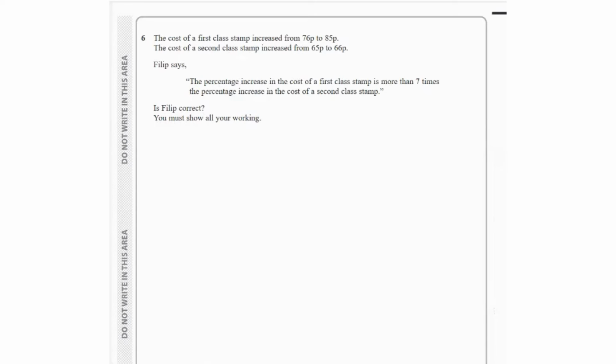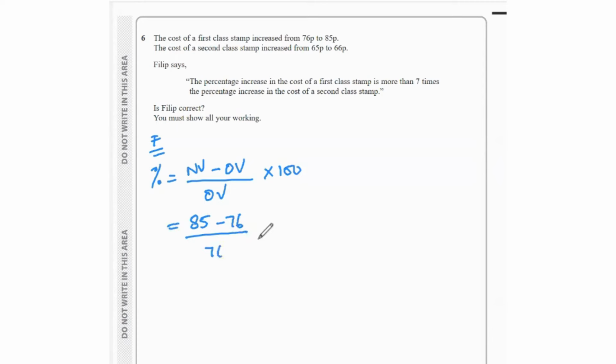So let's find the percentage increase for the first class stamp. Percentage increase has the formula: new value minus old value, divided by old value, times 100. This is the formula that we're going to use. New value is 85 minus 76, divided by 76, times 100, and that is going to give us a value of 11.84%.